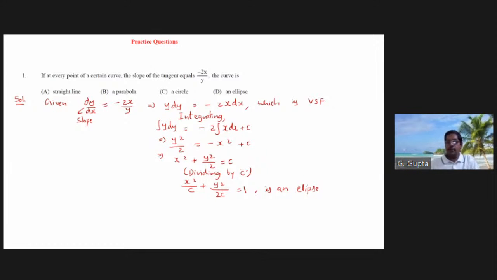So comparing this c and 2c with the standard form of an ellipse, the denominators are denoted by a square and b square. So the answer is an ellipse.